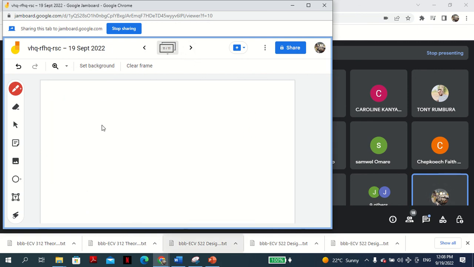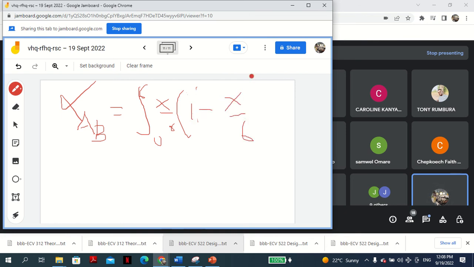So similarly, alpha AB or alpha BA is the same as the integral from 0 to 6 of x over 6 times 1 minus x over 6. You can do this, with 1 over EI.